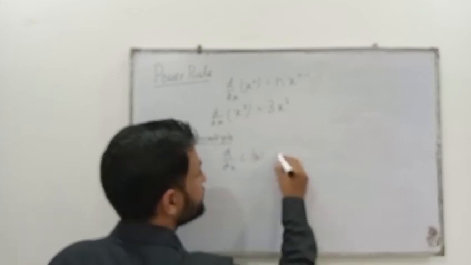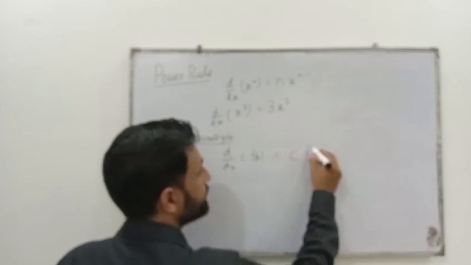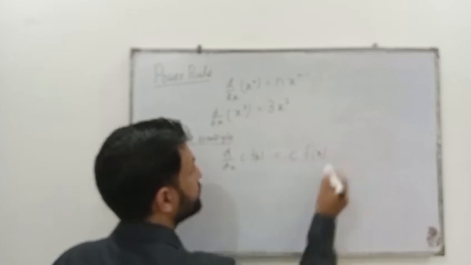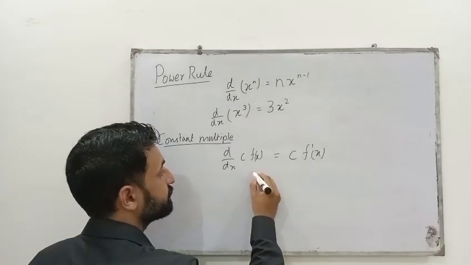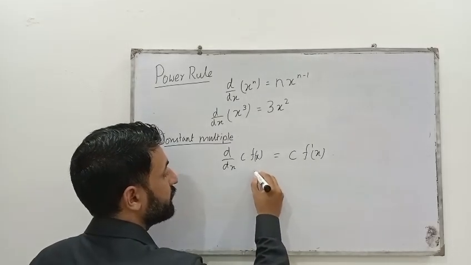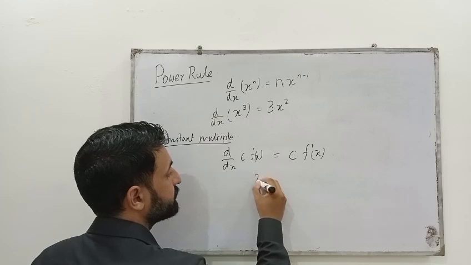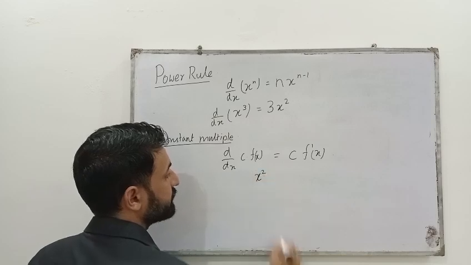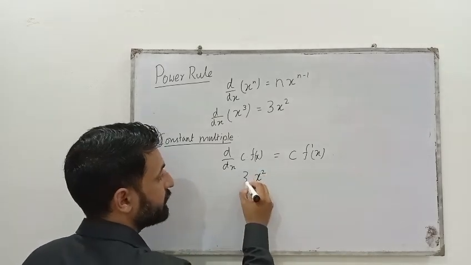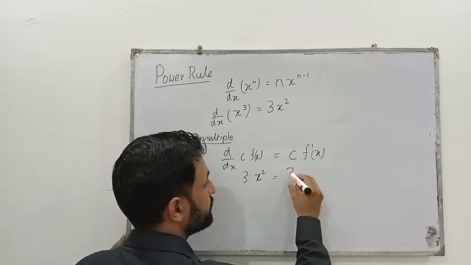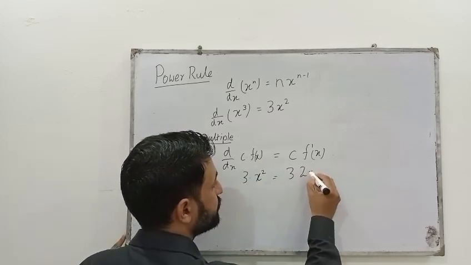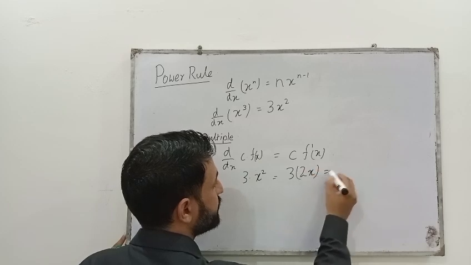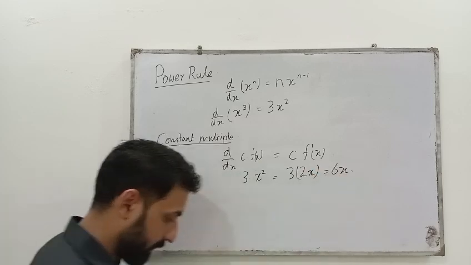That would simply be equal to c times the derivative of that function. For example, if that function is x square multiplied by 3, that will be equal to 3 into 2x. That would give us 6x.